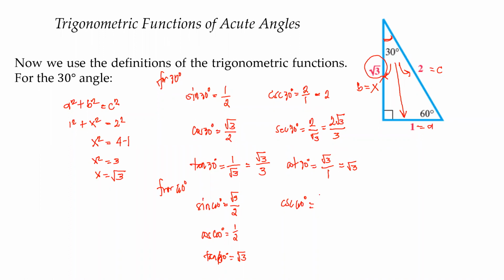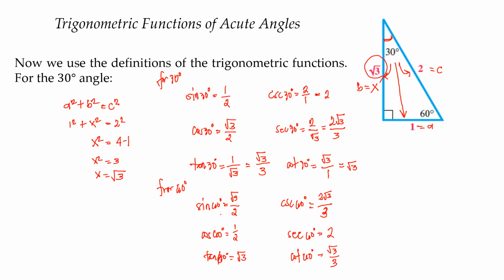So that is 2 square root of 3 over 3. And then secant 60 is equal to 2. And then cotangent 60 is equal to square root of 3 over 3.